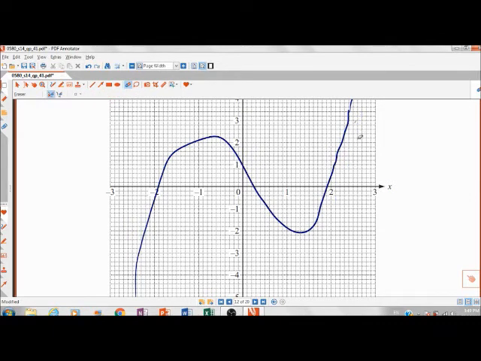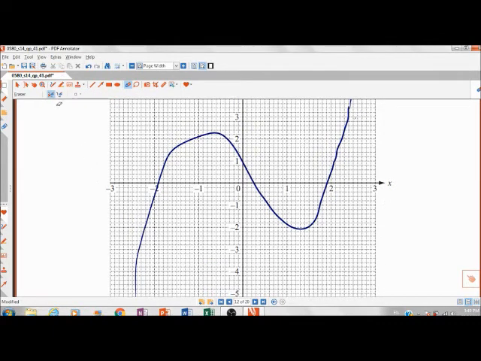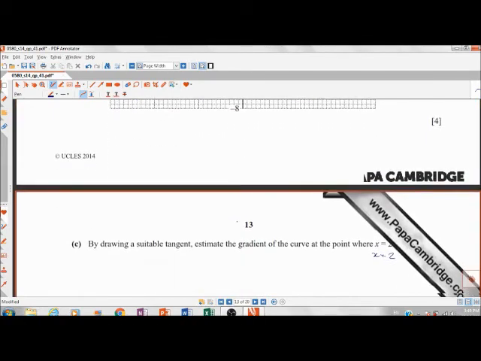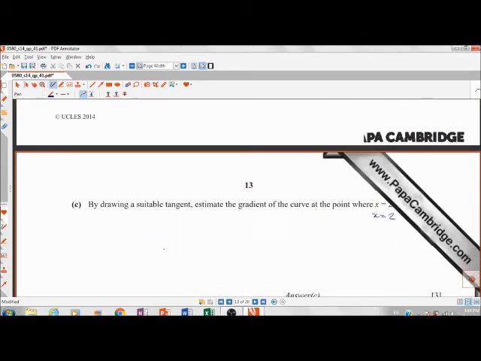Never mind. You know what I mean, right? So draw a tangent where it touches the curve at point x equals 2. And then from there you get 2 coordinates. From these 2 coordinates you can find the gradient of the line.